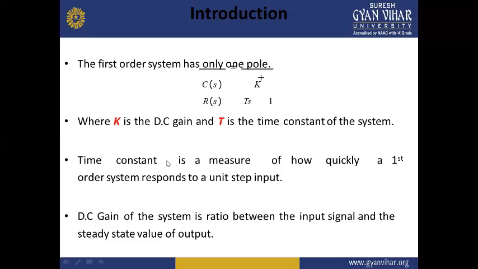For better performance, it has been estimated that 5T would be better, in which the minimum error will be obtained. The next is the DC gain of the system, which is the ratio between the input signal and the steady state value of the output.